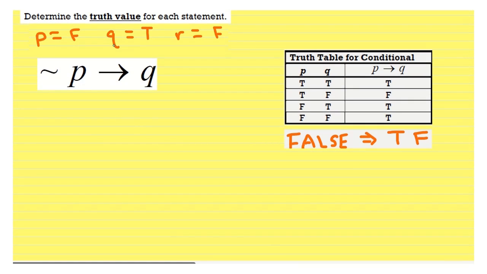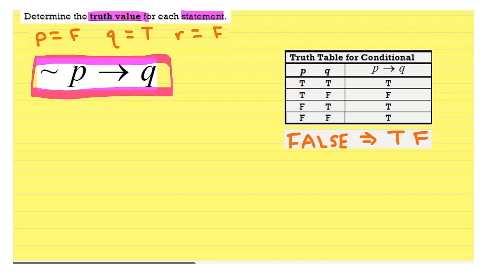Okay, so again, our job is to determine the truth value of each statement. Our first statement is right here, and the way we read that statement is: if not P, then Q. If you remember from any experience you've had with these kinds of symbols before, this little tilde means not.